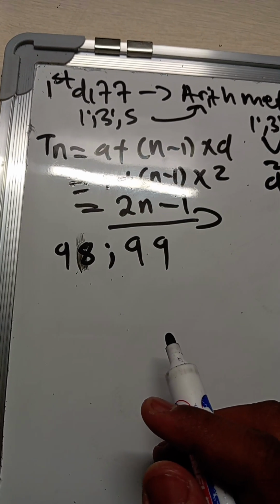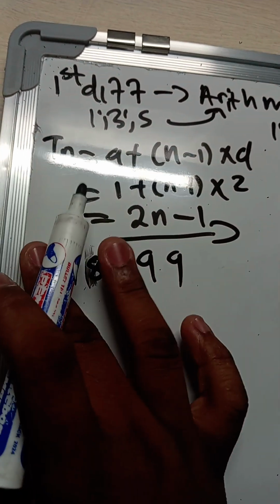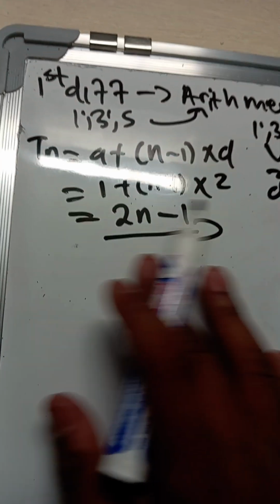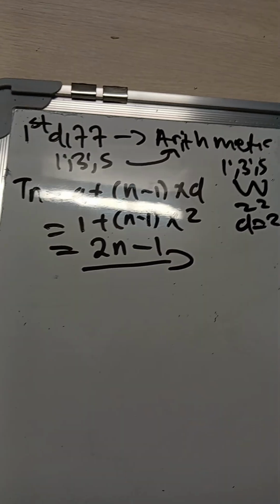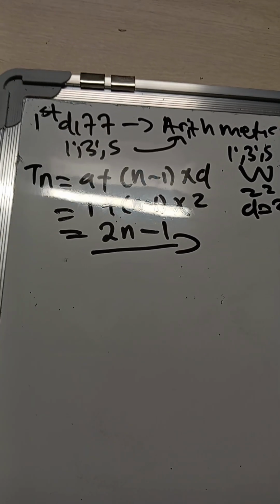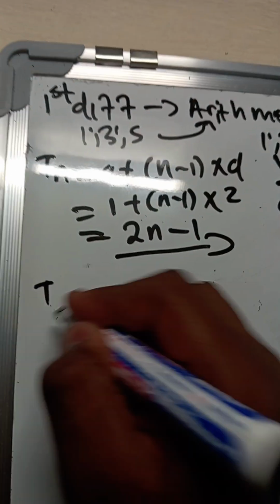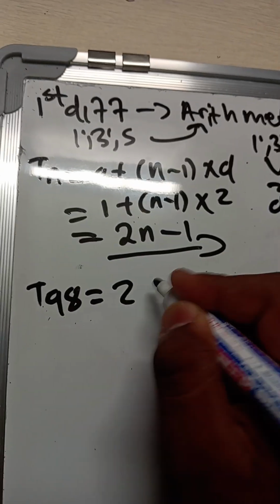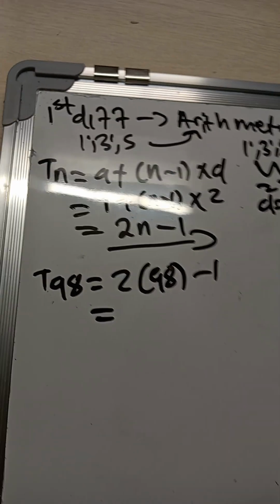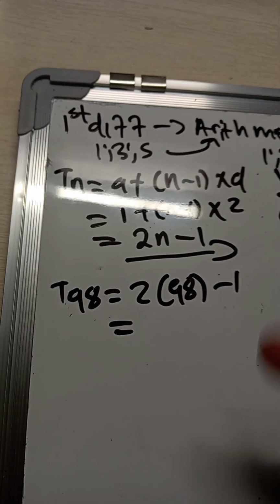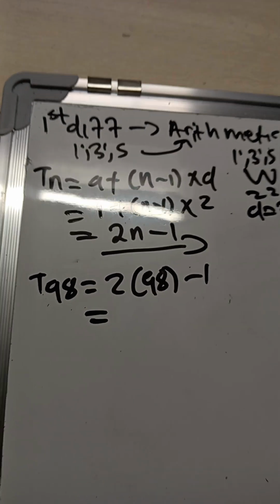Do you know why I'm trying to do that? Because I want to find T98 of the quadratic pattern. So I want to calculate the 98th term. T98 will equal 2 times 98 minus 1. What is 98 times 2?